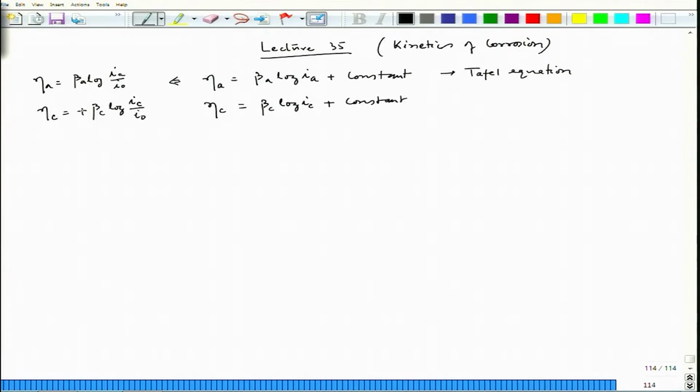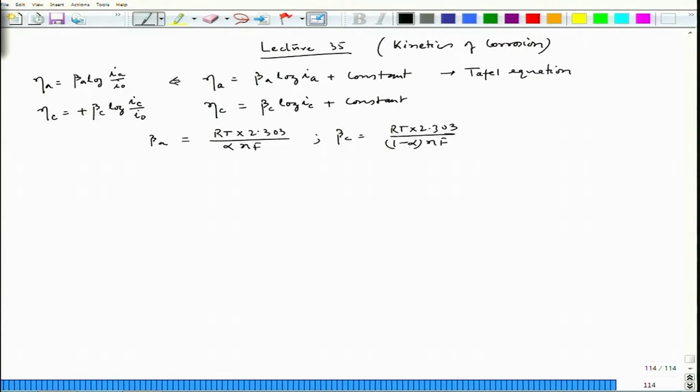So, this we can put plus, because I can take this minus sign into beta C, where beta A equal to R T into 2.303 divided by alpha N F, and beta C equal to R T into 2.303 divided by 1 minus alpha N F.